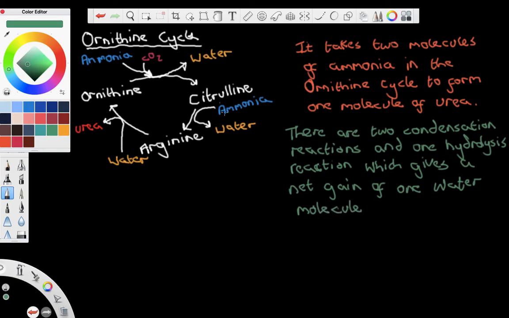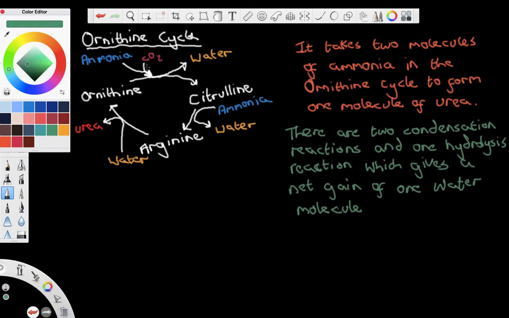So we're removing 2 molecules of water, we're adding 1 molecule of water, which leaves us 1 left over. And what we're left with at the end of each turn of the cycle is 1 water molecule and 1 urea molecule, okay? So this breaks down 2 ammonia molecules into 1 urea, leaving 1 water left over.